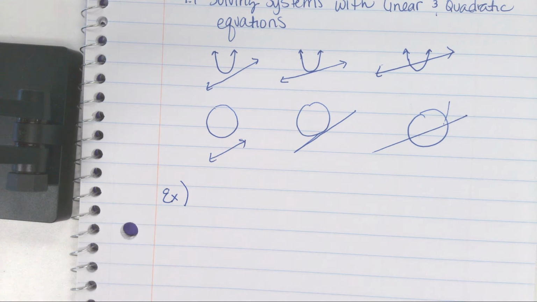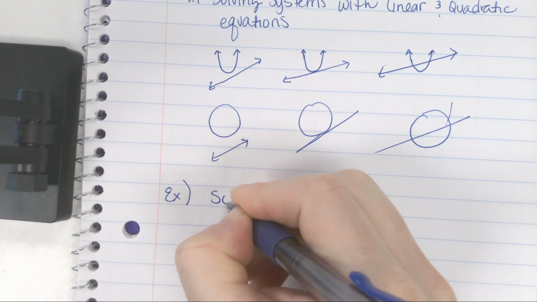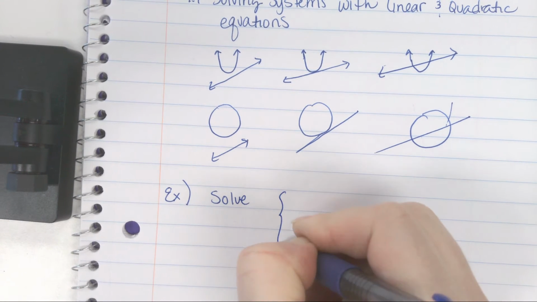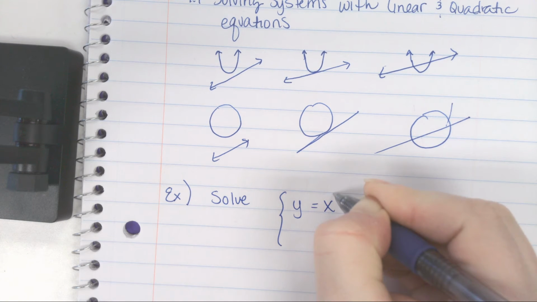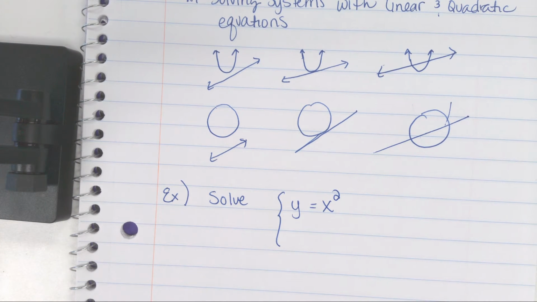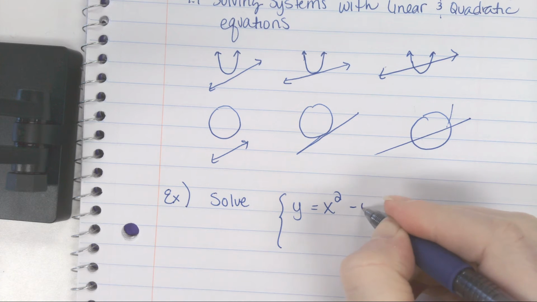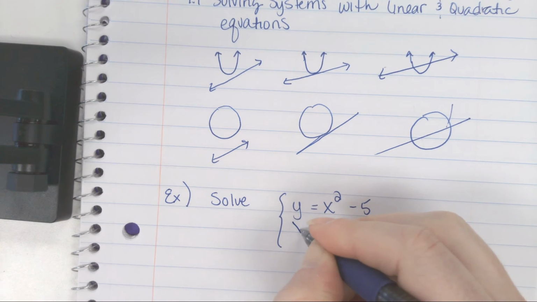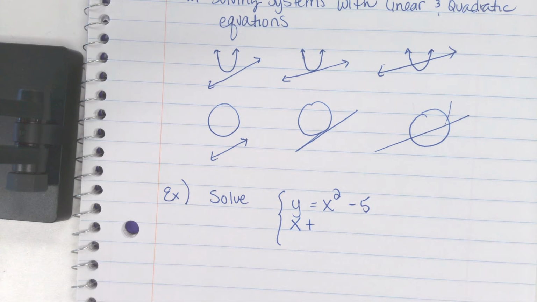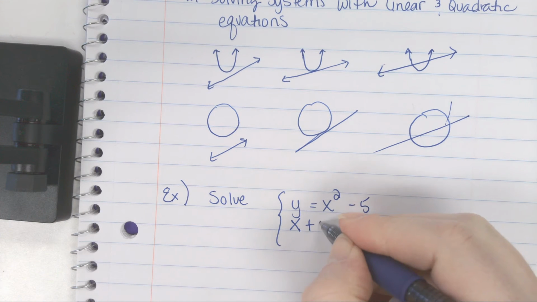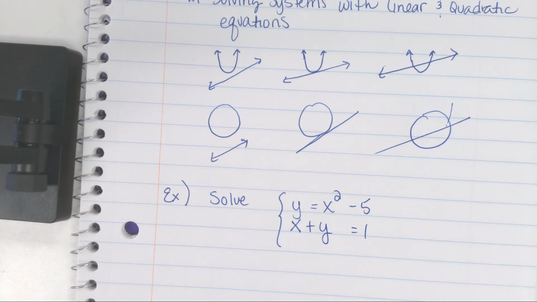Let's find the solution of y equals x squared minus 5 and x plus y equals 1. Okay, so now just so you guys understand, we could graph these.